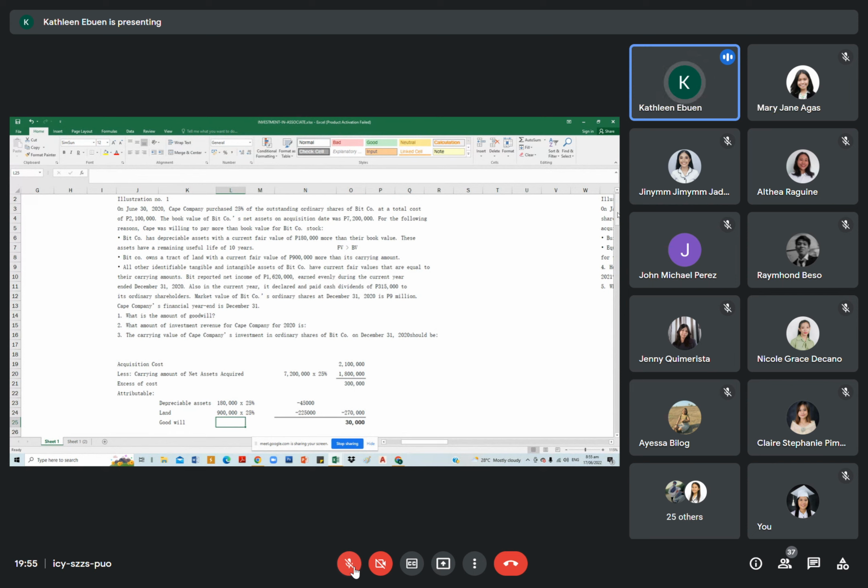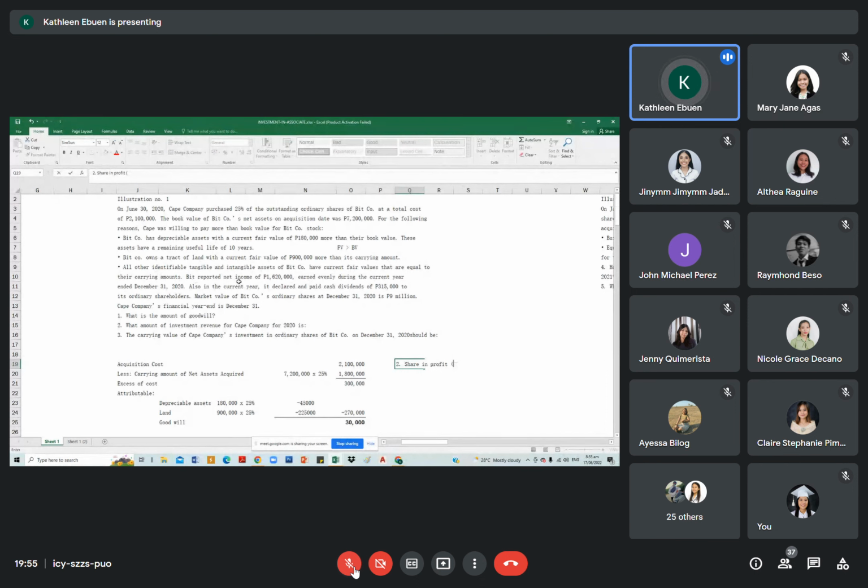Okay, so question number 2. Ito na. What amount of investment revenue for Cape Company for 2020 is? Okay, so kunin natin yung second formula. So we have share in profit. Magkano ang share in profit natin? Okay.